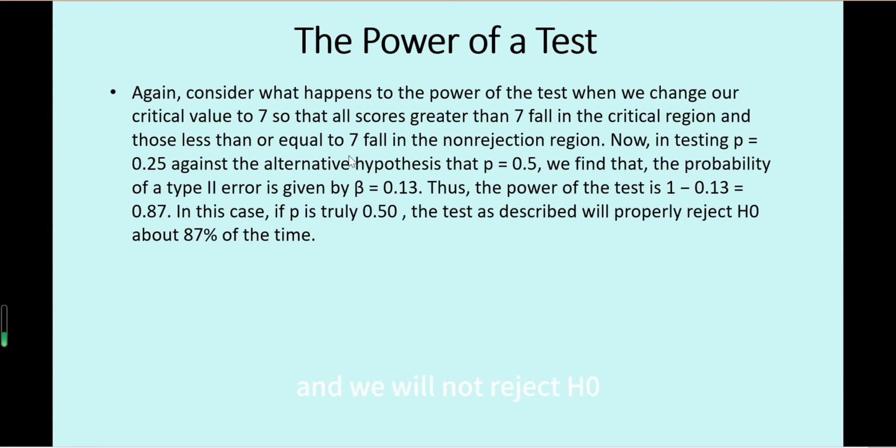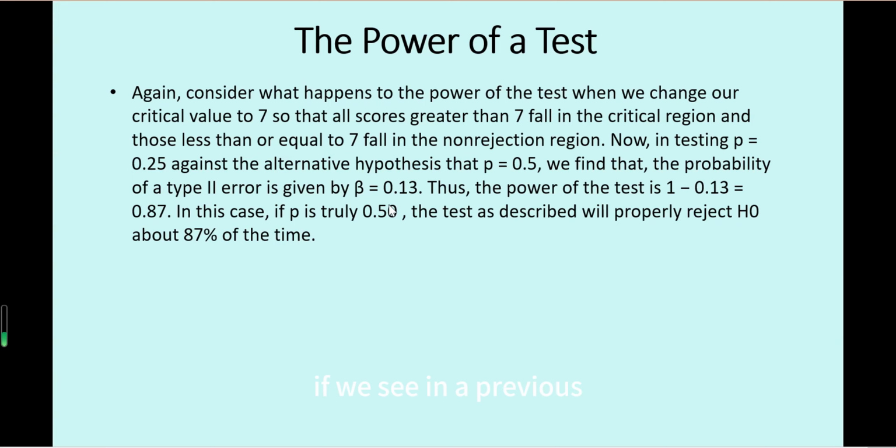We will not reject H0 when there are 7 or fewer in a sample of 20. If H0 is 0.25 and H1 is 0.5, we find that the probability of a type 2 error, beta, is 0.13 now.